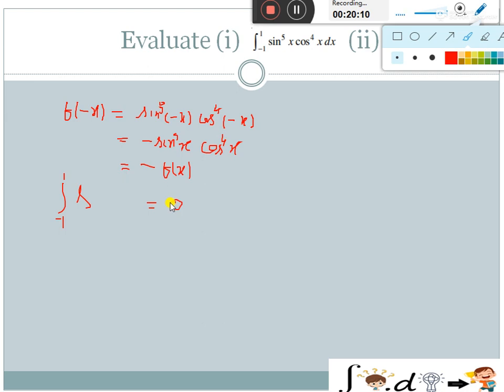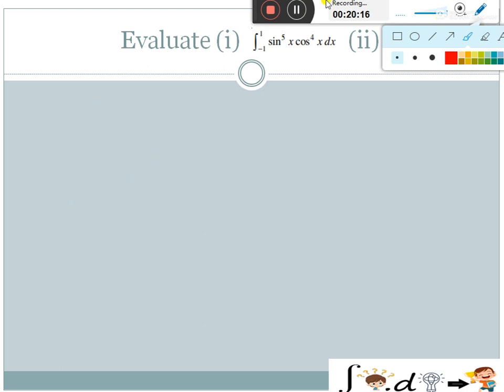Is it clear? And now for the next one, that is the integral from minus pi by 4 to pi by 4 of sine square x dx.